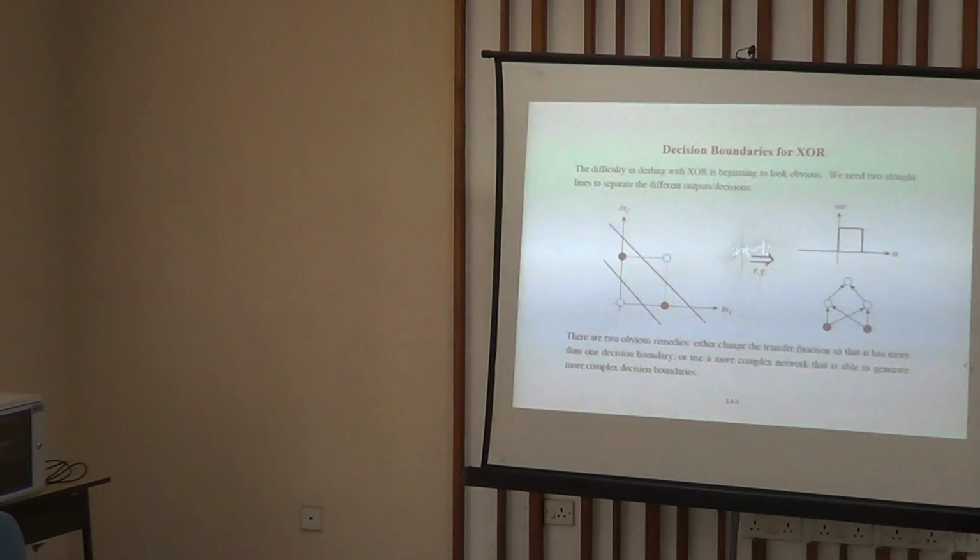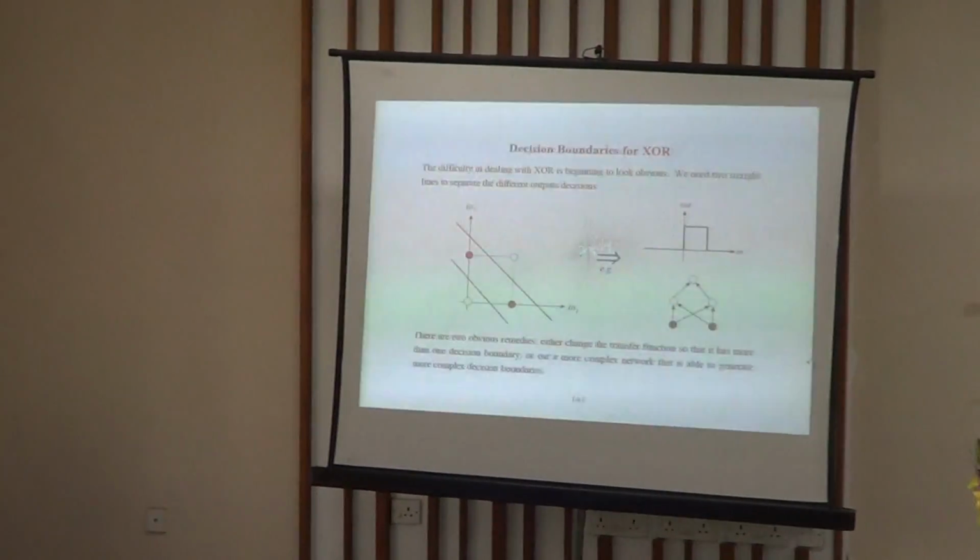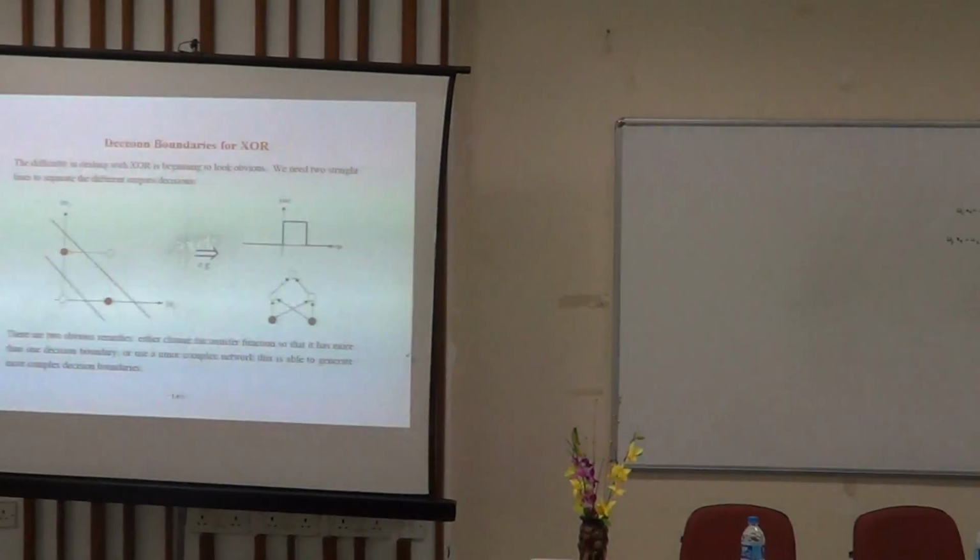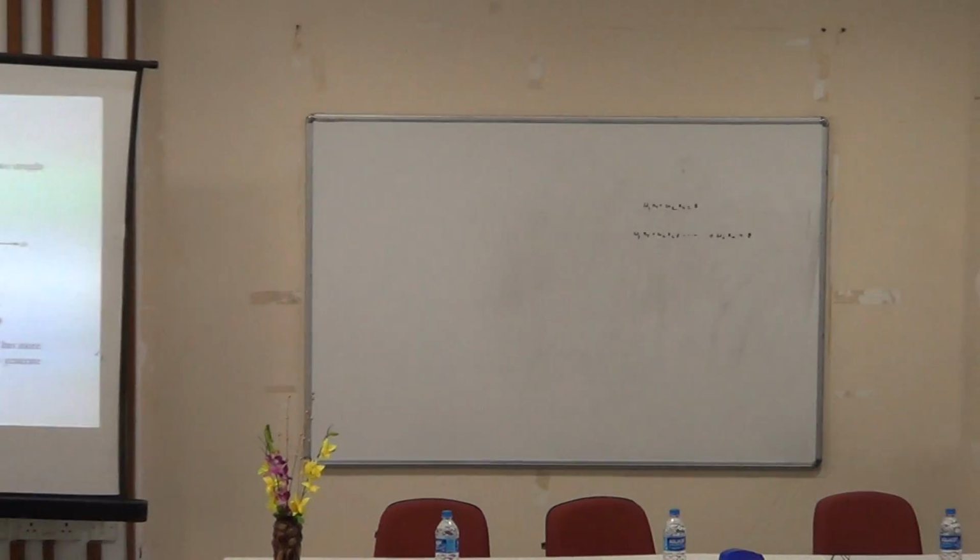If you want to generalize it to the n-dimensional scenario, it will be w1 x1 plus w2 x2 plus up to wn xn equal to theta. This is the n-dimensional scenario, which is a typical hyperplane in n-dimensional Euclidean space.